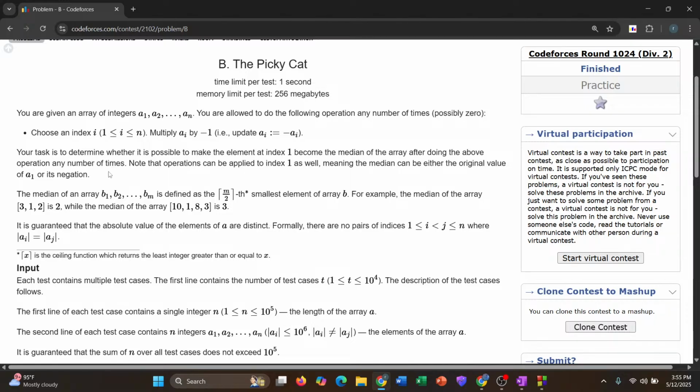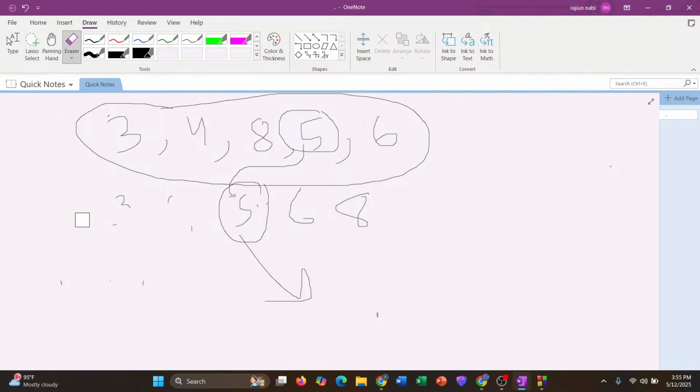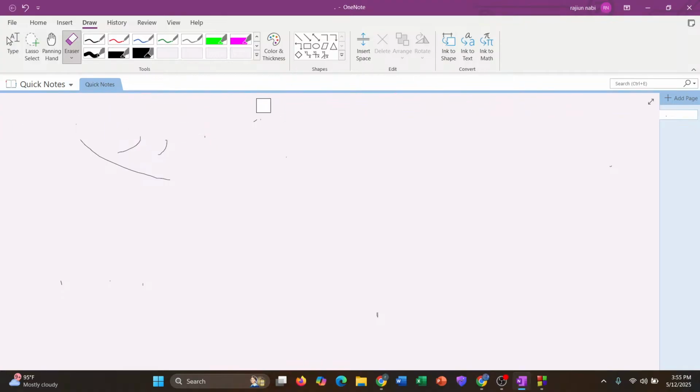Now let me explain the problem statement. Suppose there is an array of size n. What we can do is pick an index, that means pick an element of the array, suppose it is ai, and we can multiply it by -1.